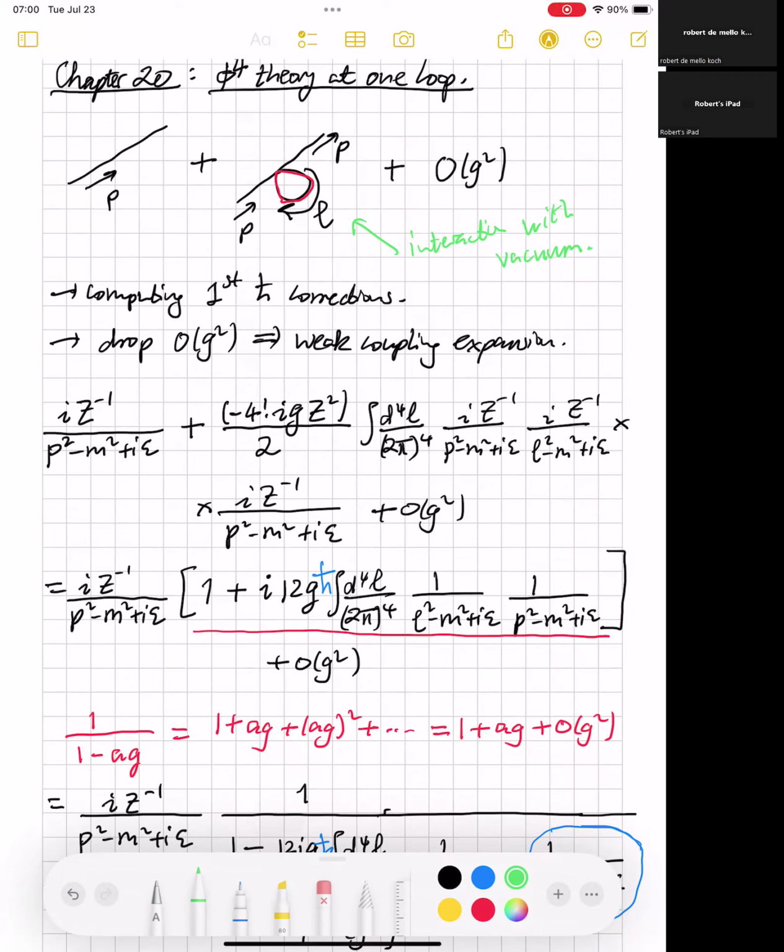So if you walk through a pool full of water, it's much harder to get you to accelerate because I don't just move you, I also have to move the water that you're interacting with. So when I pull you through the water, I'm also doing some work on the water. And here, when the particle moves, it's got this cloud of stuff from the vacuum that's surrounding it. And that changes the inertia of the particle.